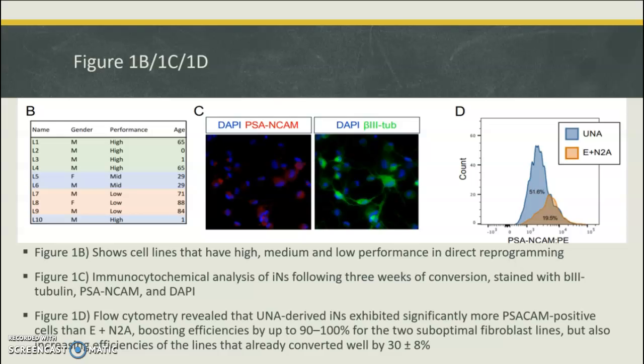So this is very exciting. But it can also increase the efficiency of lines that already converted well by 30 to 80%. So the fact that it can convert cells that already have high performance more is very, very good for this research.